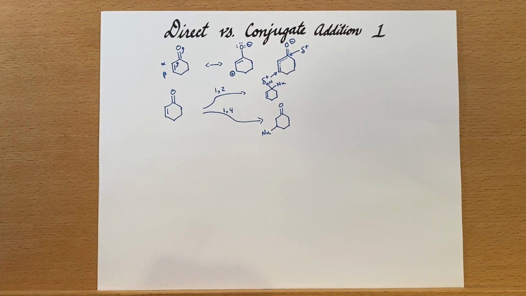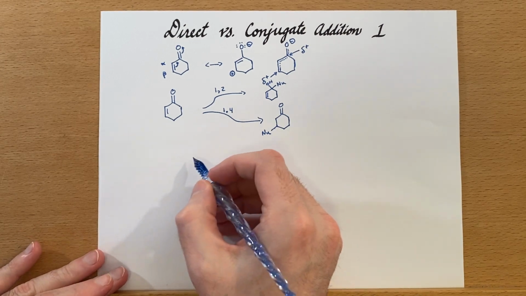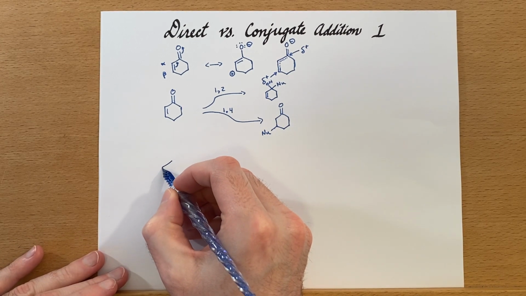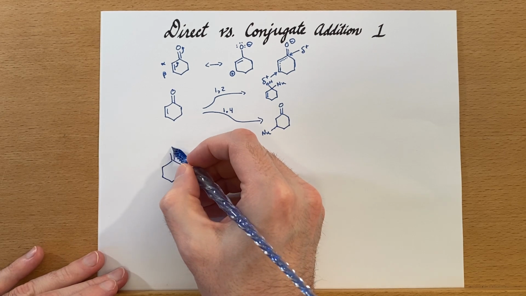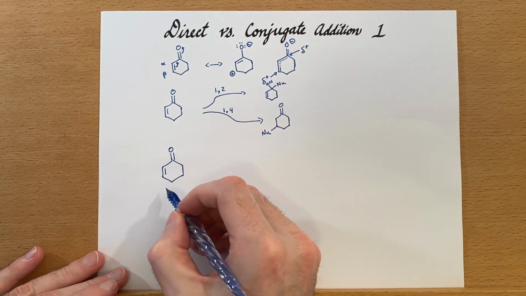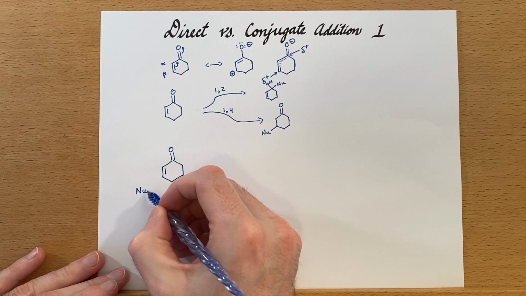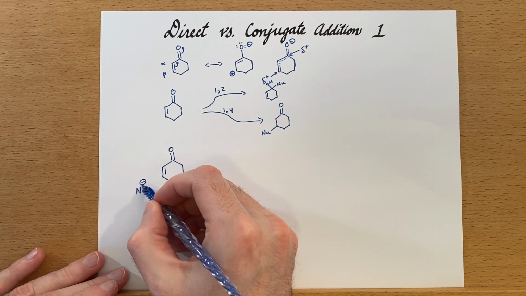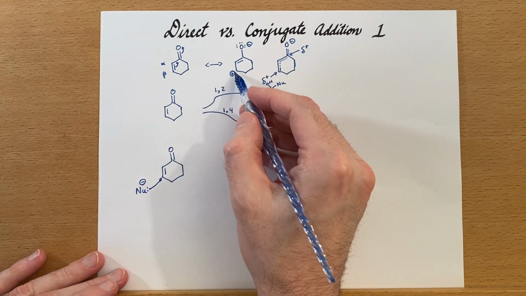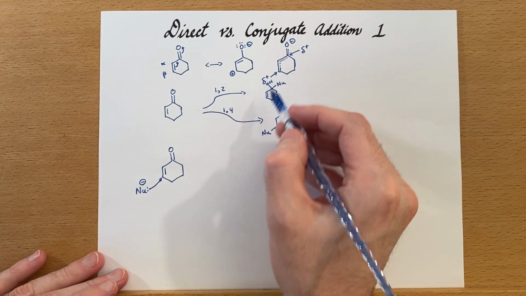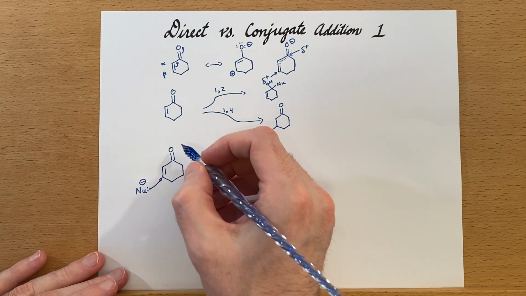So let's talk about the 1-4, because that's the new one. Sticking with the same example here, I'm going to have my nucleophile, and it's going to come in and attack that place where we've got some partial positive charge, right here on that beta carbon.